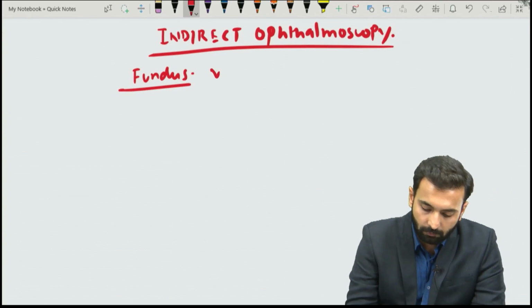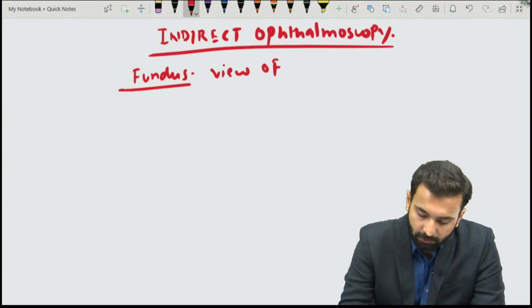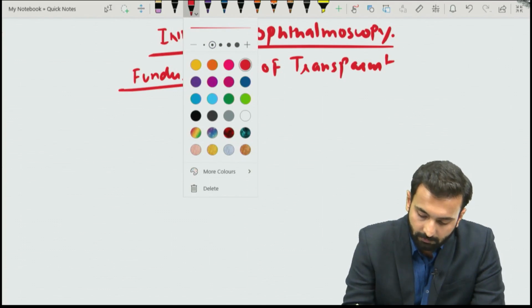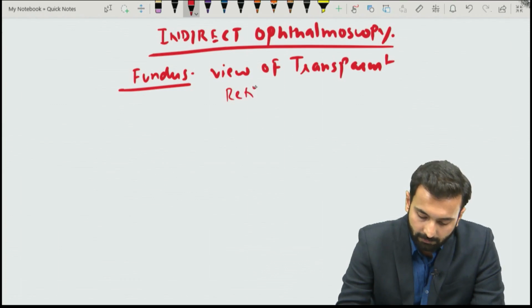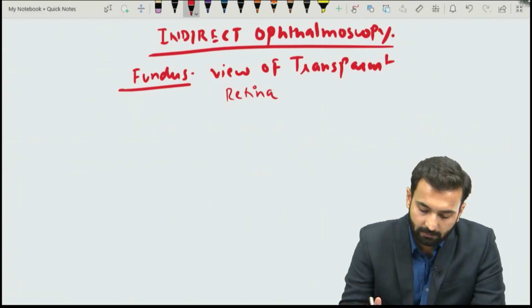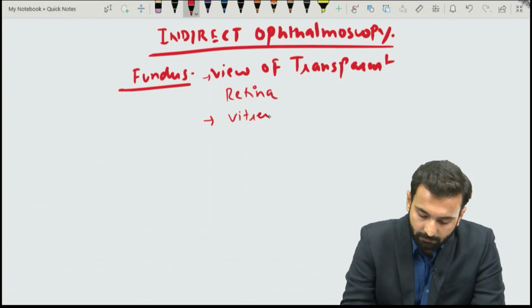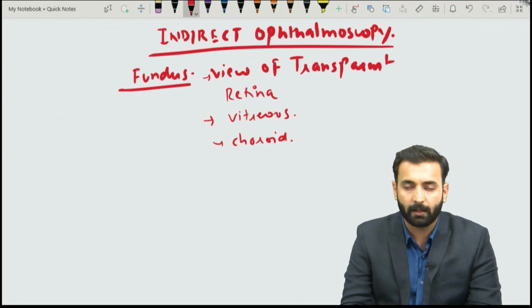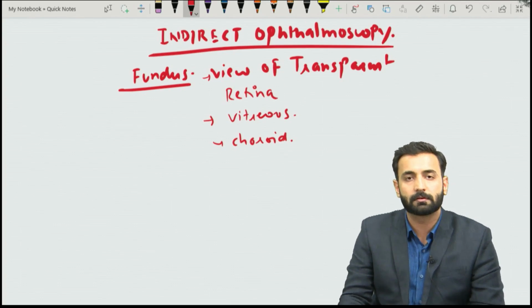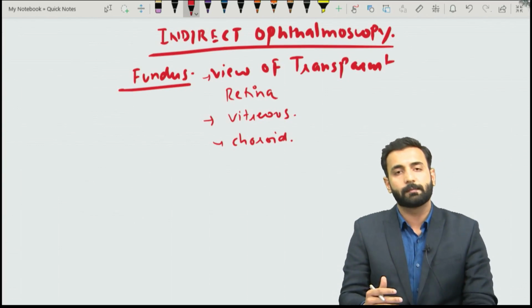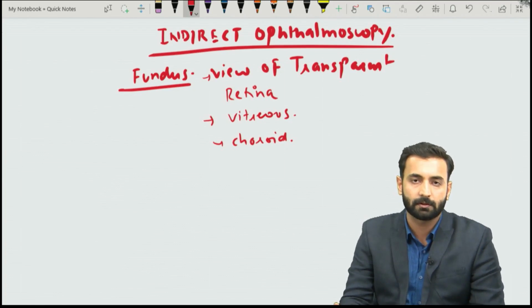Fundus is a view of transparent retina, transparent vitreous, and choroidal vessels, the choroid, right? So these constitute the fundus. Remember, the red glow of the eyes is due to choroidal vessels. So by indirect ophthalmoscopy we can examine the fundus of the patient, right?